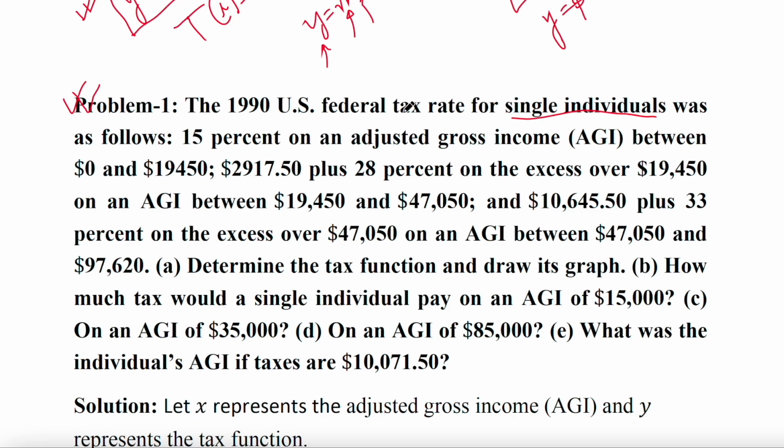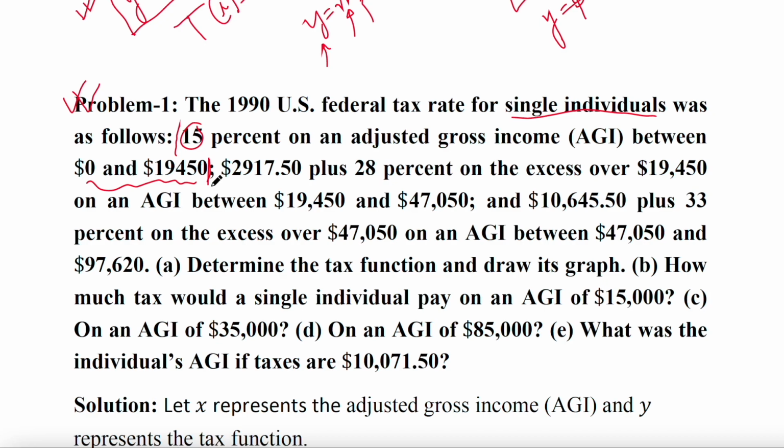The 1990 US federal tax rate for single individuals was as follows: 15% on an adjusted gross income AGI between 0 and this amount. So this is the first piece. If one has income between 0 and 19,450, he or she needs to pay 15% tax.